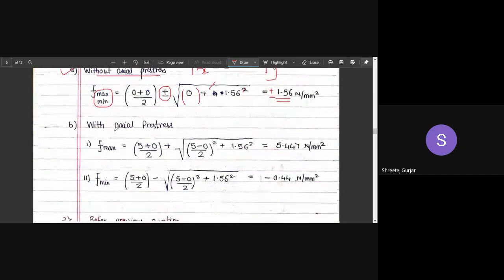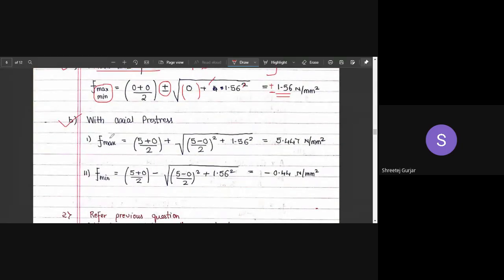In the second case, with axial pre-stress, we have to consider Fx equals phi Newton per mm squared. What is Fx? P by A, which we have calculated. F max is Fx plus Fy by 2, where Fx is phi and Fy is 0, plus the square root of Fx minus Fy by 2 the whole square, plus tau v square.